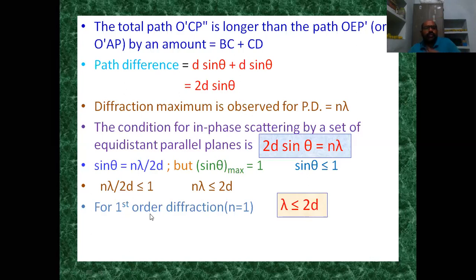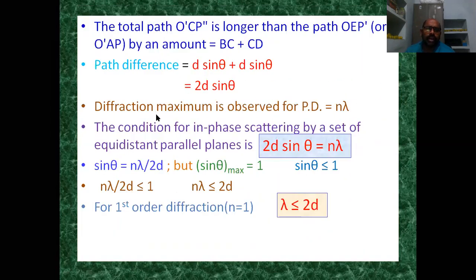In the case of first order diffraction, lambda should be less than or equal to 2d. That means lambda should be less than twice the interplanar distance of the planes. From this it is clear that the wavelength of X-rays is very small.